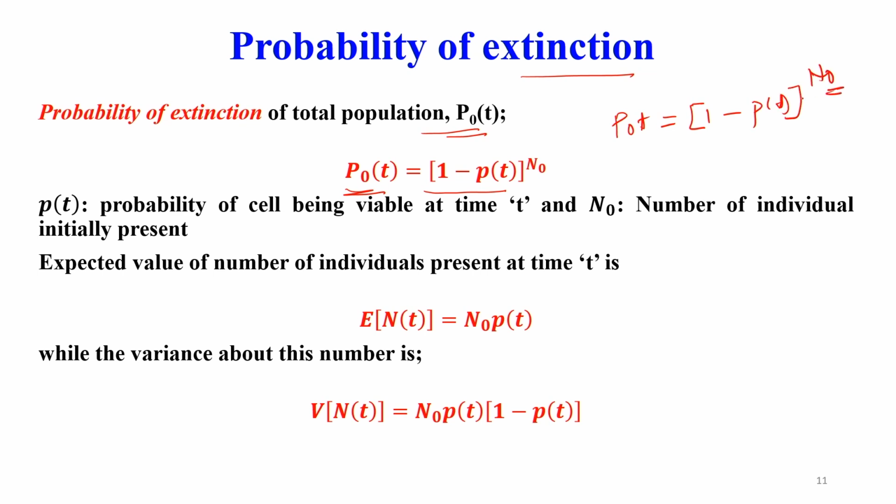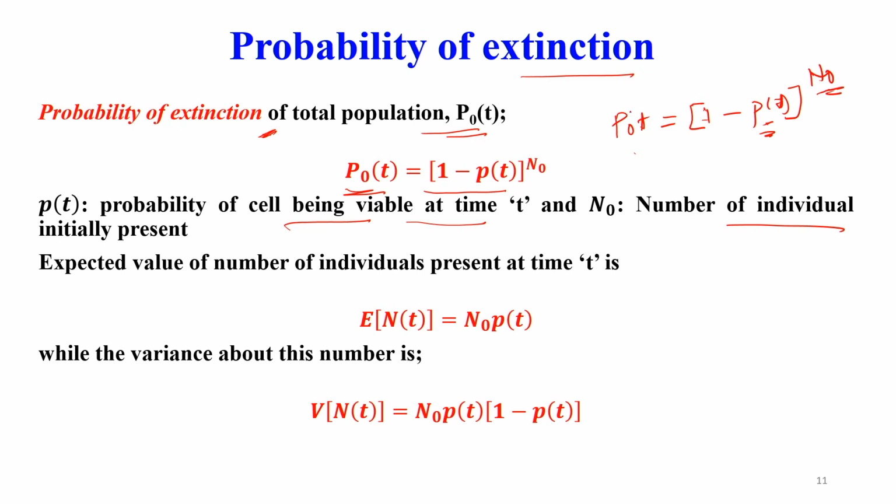N naught is number of individual cell present and small p t is probability of cell being viable at T. So, T is the viable cell, so 1 minus p t will be how many cells they are dead. So, this is viable and 1 minus p t means how many are sterilized, and N naught is the initial number of cells.